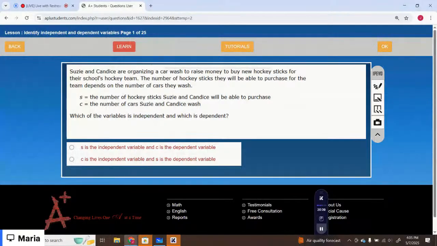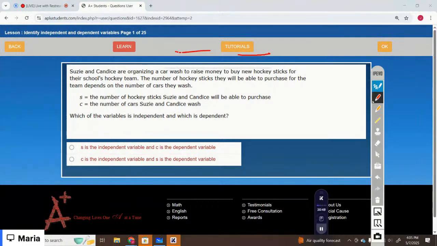The number of hockey sticks they will be able to purchase for the team depends on the number of cars they wash. So S equals the number of hockey sticks Susie and Candice will be able to purchase, and C is the number of cars Susie and Candice wash. Which of the variables is independent and which is dependent?